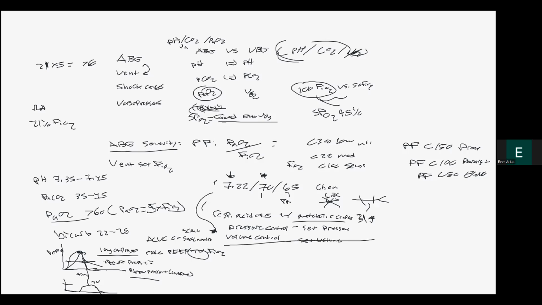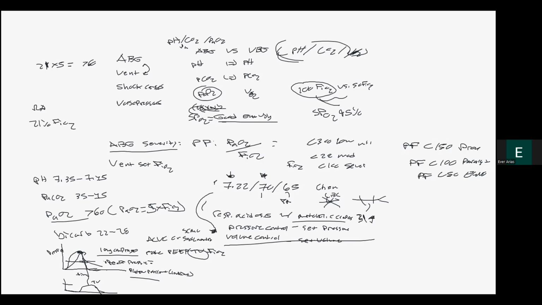So the way that you start with the rates is, when someone comes in, tidal volume really comes down to their body weight. What's their ideal body weight? That will give you an idea of their tidal volume.